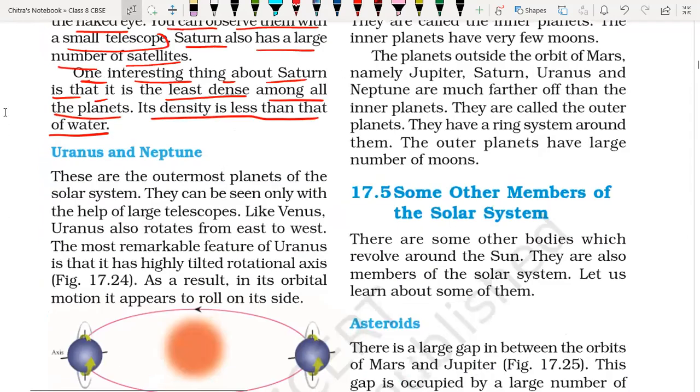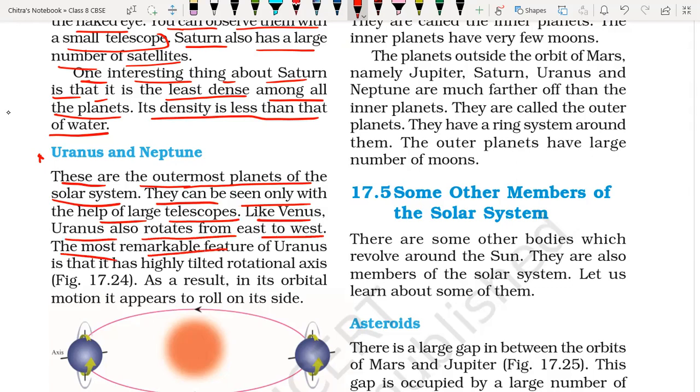Then we have Uranus and Neptune. These are the outermost planets of the solar system. They are very far from the sun. They can be seen only with the help of a large telescope. Like Venus, Uranus also rotates from east to west.